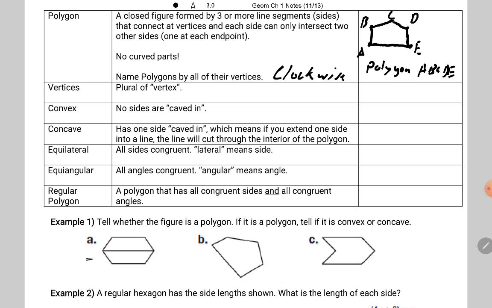Convex means no sides are caved in. Convex and concave. So when you extend any of the sides, let me give you an example of a concave, and that'll give you an idea what convex is. Let's have, I don't know, that, and then we have that going on.